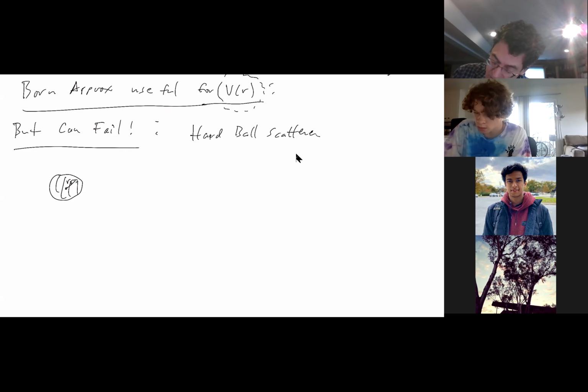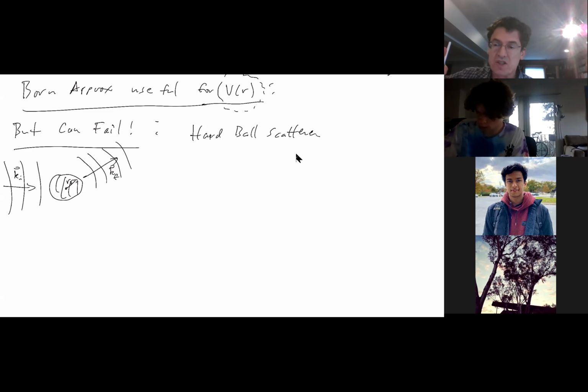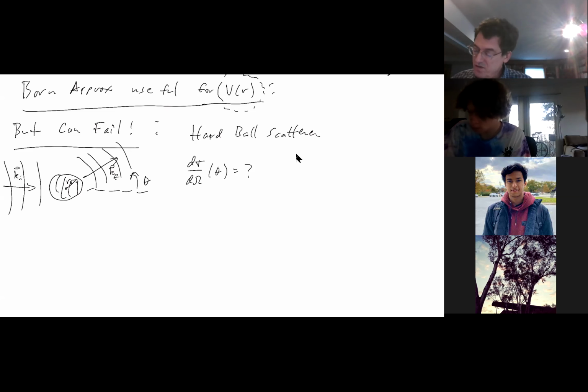And then I'm shooting my particles at it, and I want to know what's the probability that they go off in some direction. So I have some K initial, some K final, and I'm asking you, what's the probability that the particle gets scattered into this angle, which is theta? So I could say, what is d sigma d omega at theta? Same question I asked you before for the Yukawa.